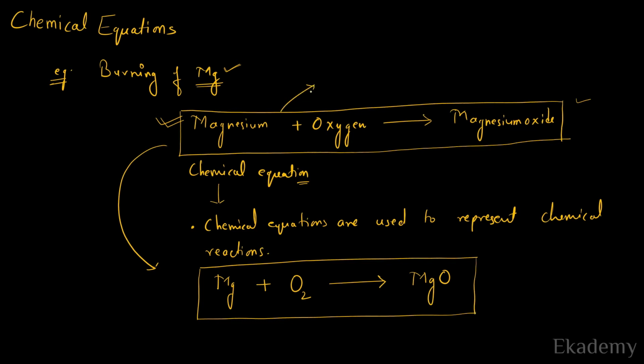This type of chemical equation is known as a word equation, and this type is normally known as a chemical equation using symbols and formulae. So when we say chemical equation, we mean this, that means using symbols and formulae.